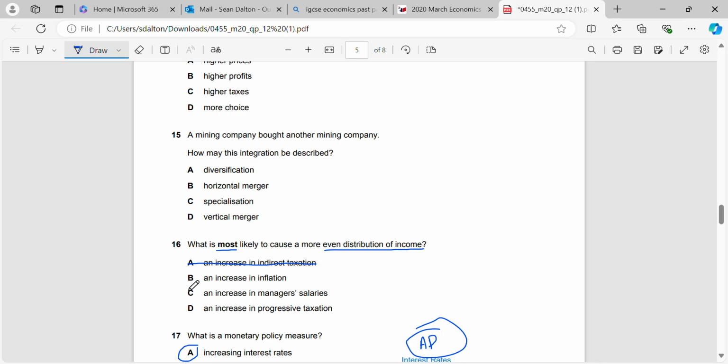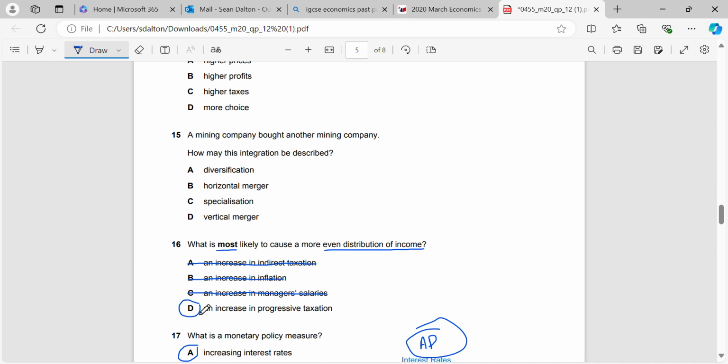Inflation is obviously not going to help us distribute income because everything is becoming more expensive. An increase in managers' salaries is not going to help because that will be the high income earners who are getting more money. The low income earners may still be earning the same money.